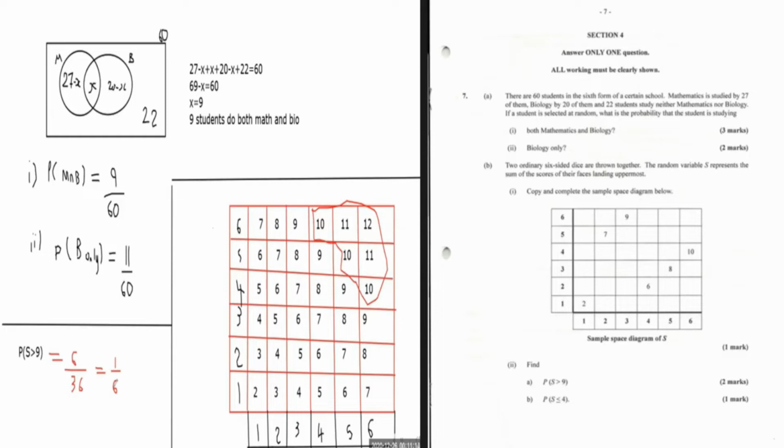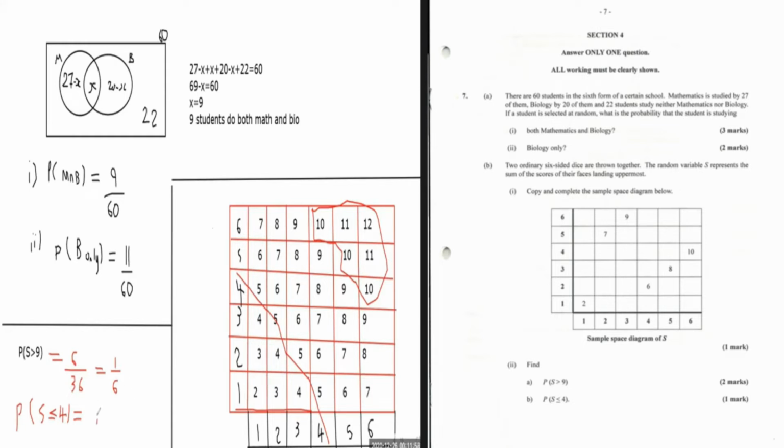I want the probability that s is less than or equal to 4. Find the probability that the score is less than or equal to 4. The probability s is less than or equal to 4 will be equal to all of these down here. 1, 2, 3, 4, 5, 6, 7, 8, 9.